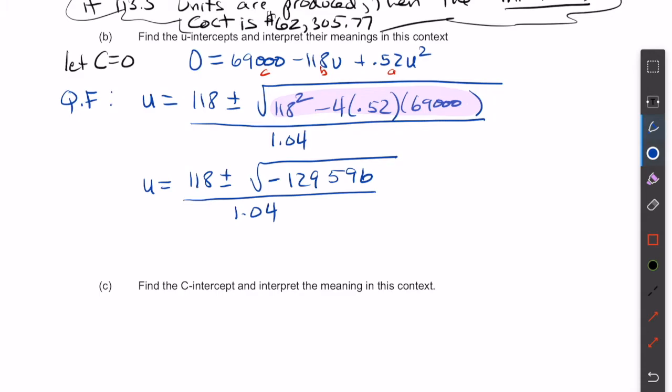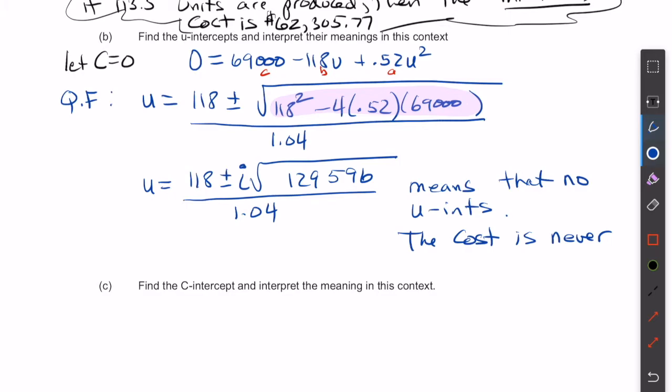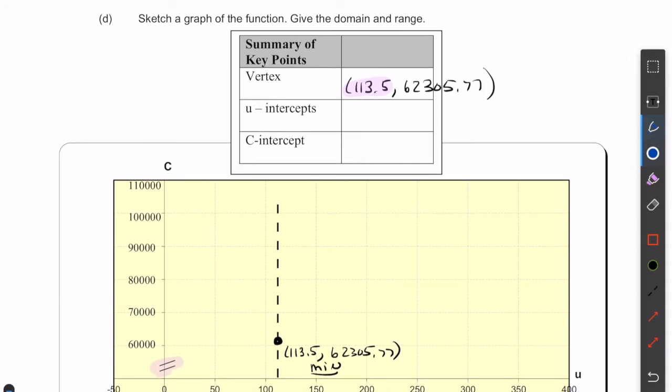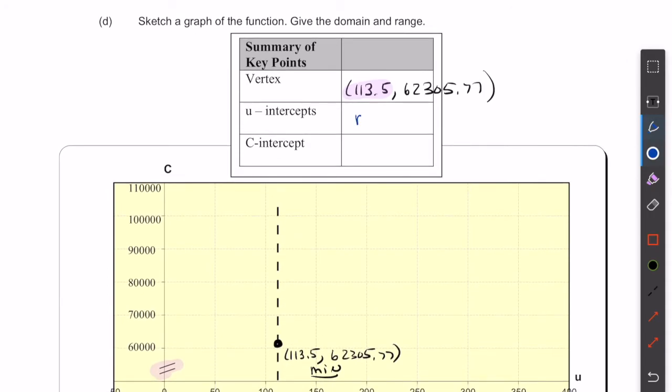And as always, the negative inside the square root is going to come out as an i, and we're going to switch the negative to a positive. And this means that there's no u-intercepts. And that kind of makes sense. The total cost is never going to be $0. So if we go back to our graph, unfortunately, we're going to have to say that there's no u-intercepts.